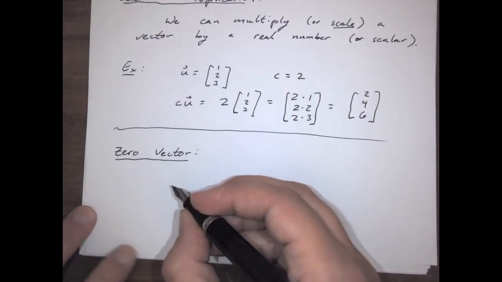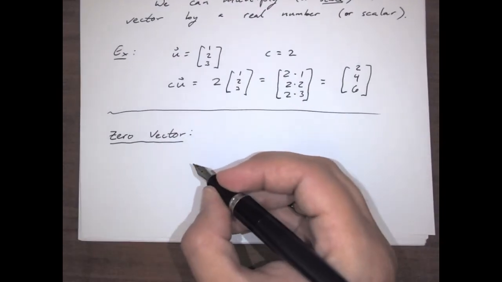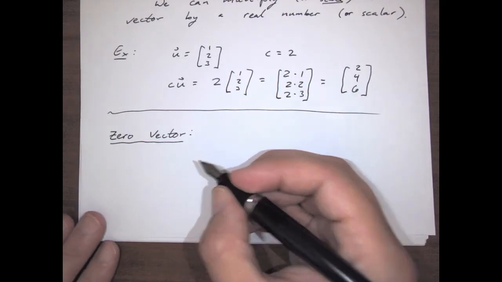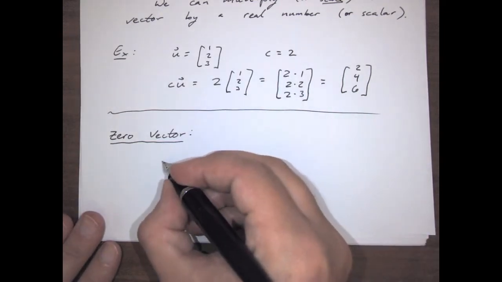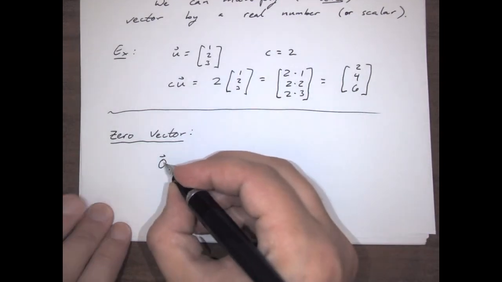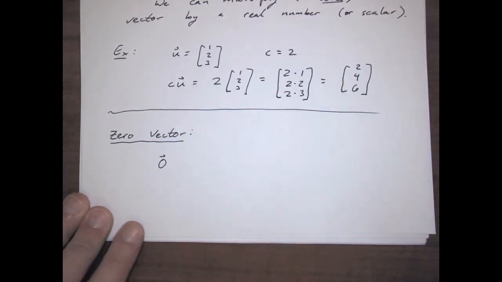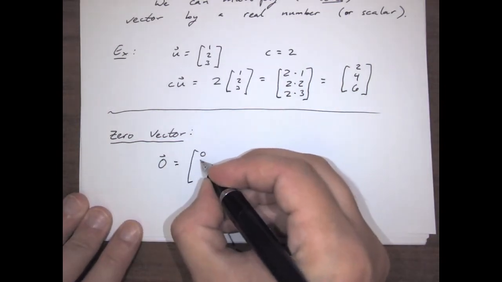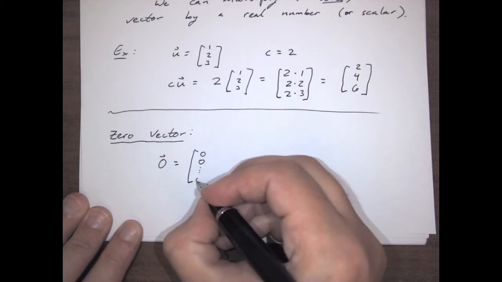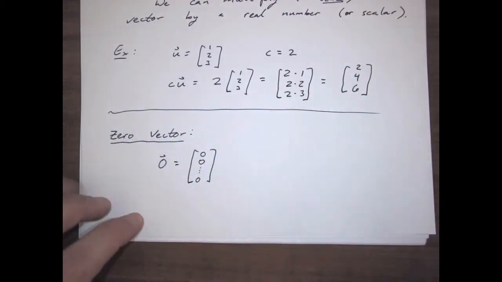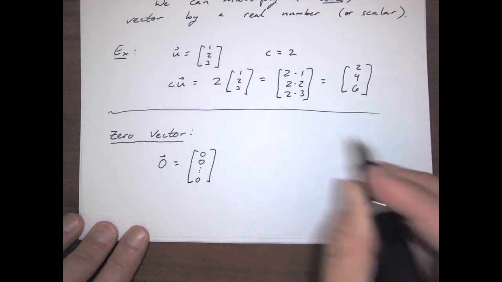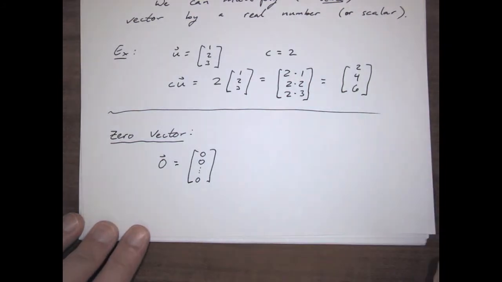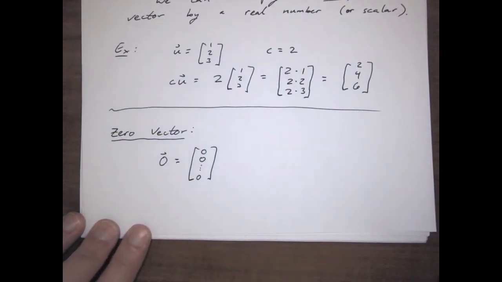We don't usually indicate the dimension if it is clear, but we will just write 0 with a little vector arrow above it, and this is equal to the column of all zeros, whatever dimension we need it to be to match the other vectors that we're talking about.